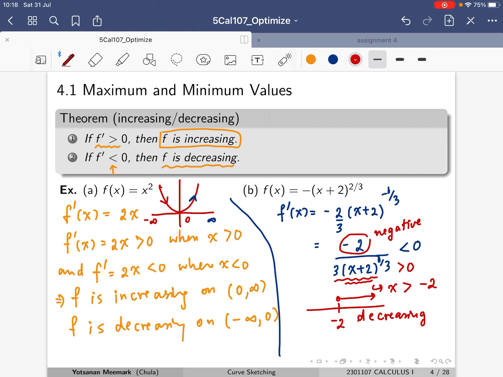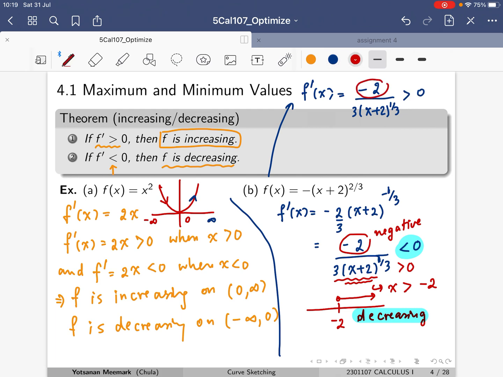Be careful, because we are now talking about f prime being negative. So for this problem, your f prime again is this one. When is it going to be positive?